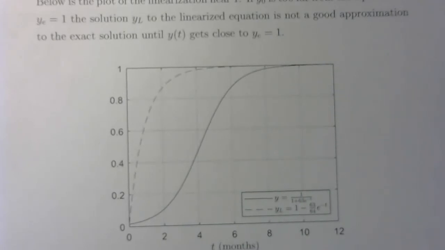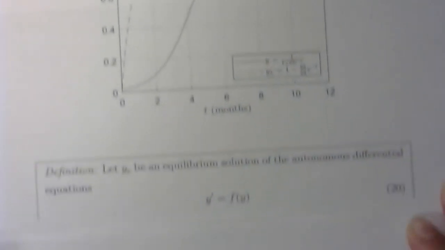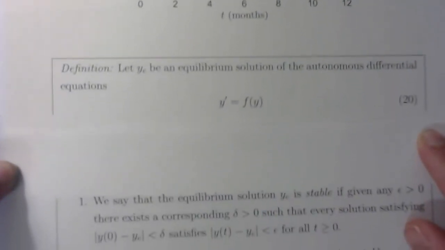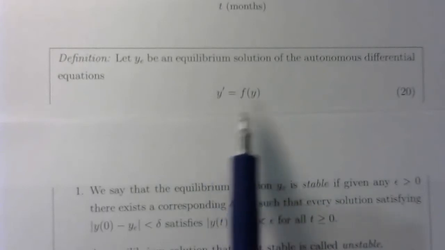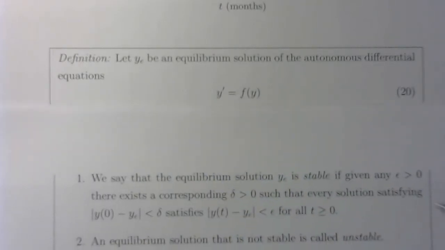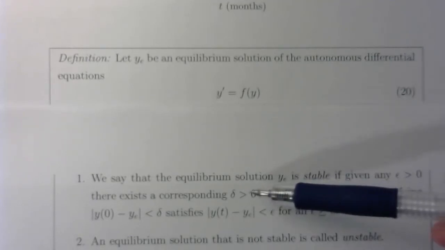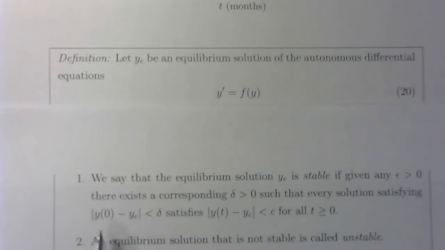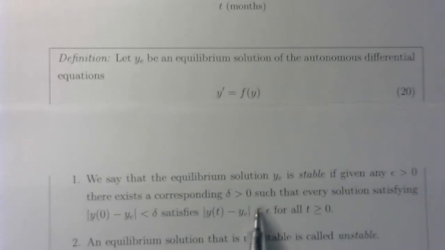So let's talk about some definitions of stability properties. If I have an equilibrium for this differential equation, call it YE, an equilibrium solution is stable if, for any epsilon greater than 0, there is a delta, so that every solution that starts within delta of the equilibrium never goes outside of a circle of radius epsilon for all t.